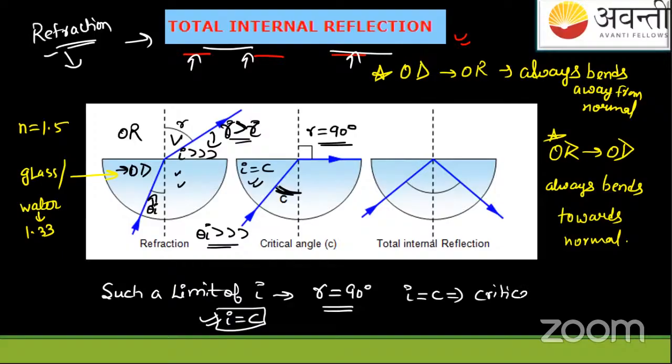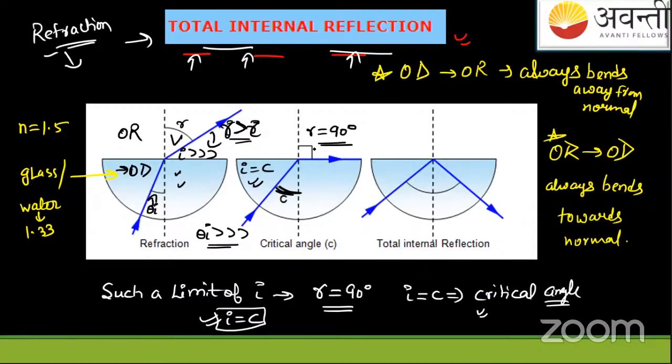So critical angle is that angle of incidence in the optically denser medium such that, when the ray is incident in the optically denser medium towards the optically rarer medium, the angle of refraction becomes 90 degrees. Got it? Critical angle. Now what's the next thing?